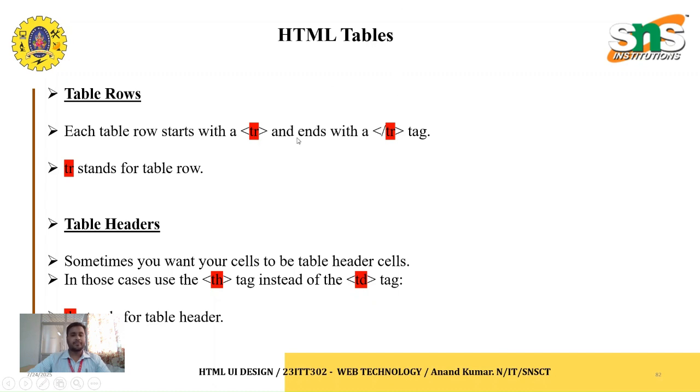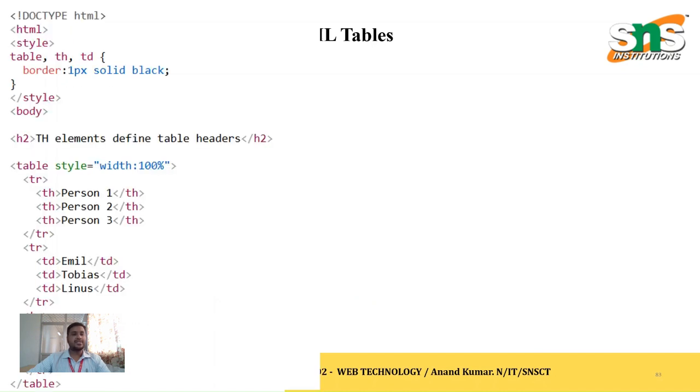Table header starts with the th tag and ends with the slash th tag, and th stands for table header. So considering this example, there are three table rows, and within the table headers, there will be person one, person two, person three.